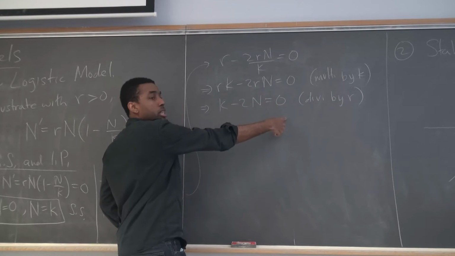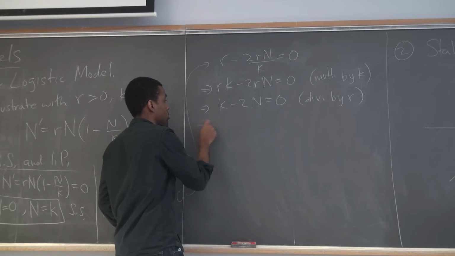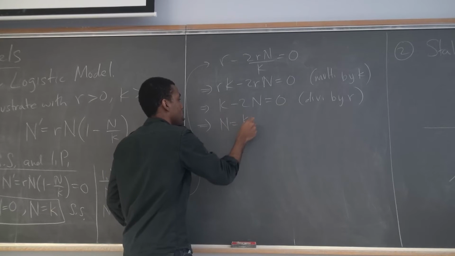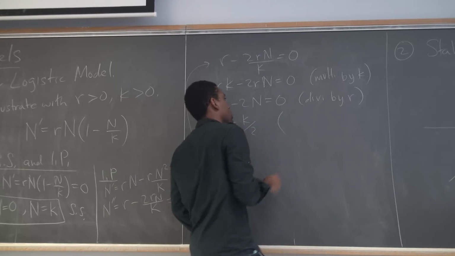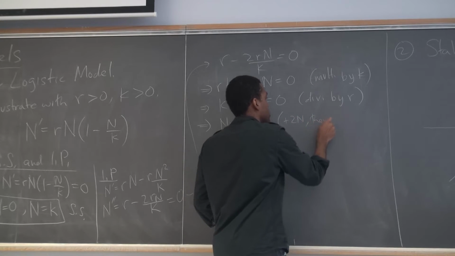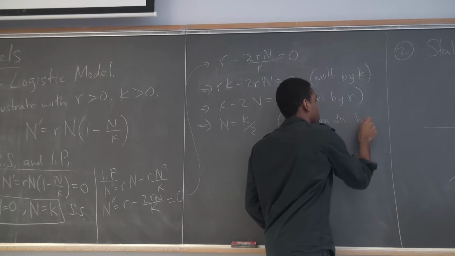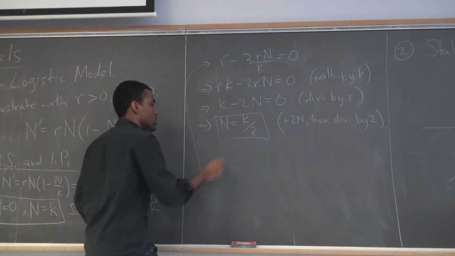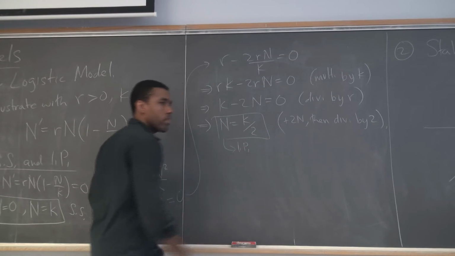And then I can just bring the n over this side and divide by 2. And I would get n equals k over 2. So add 2n, then divide by 2. And so this is going to be the inflection point.